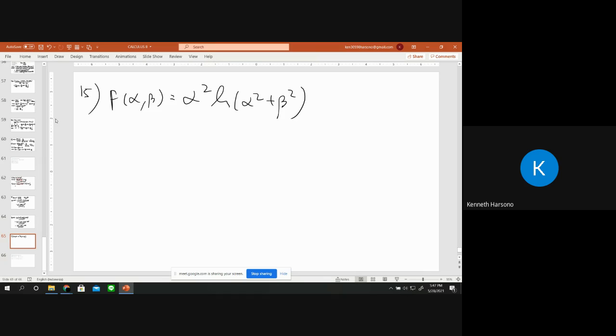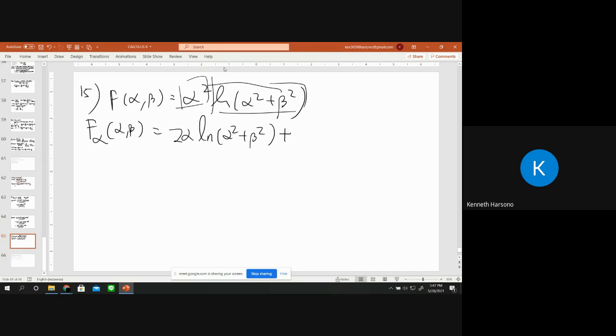So the first partial derivative of f in respect with alpha, you have to use product rule here because you have two functions, right? This one and this one. So first derive this one to alpha and multiplied by ln alpha squared plus beta squared, plus this same alpha squared multiplied by the derivative of this one, 1 over alpha squared plus beta squared, times the derivative inside the ln here, the chain rule.